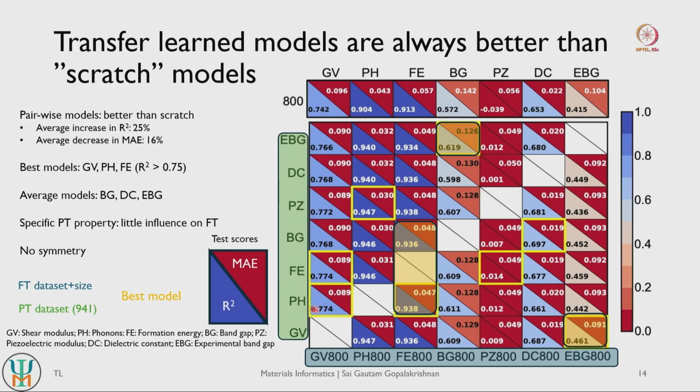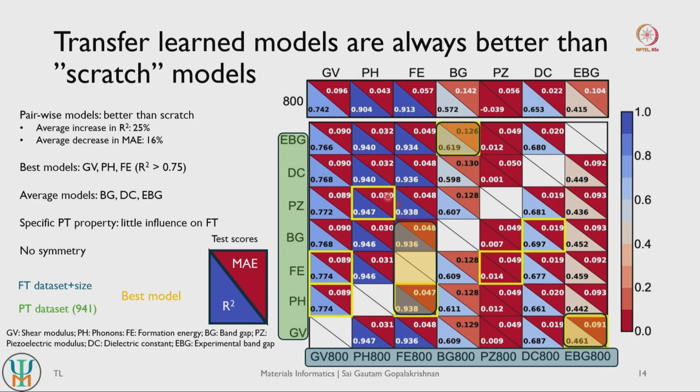In fact, for predicting shear modulus, you need to either pre-train with phonon frequencies or formation energies to get the best performance. So for predicting experimental band gaps, you need pre-training with shear modulus, but for predicting shear modulus, you need pre-training with formation energies or phonons, not with experimental band gaps. So there is no real symmetry between which property is good during pre-training for a given fine-tuning property and vice versa.